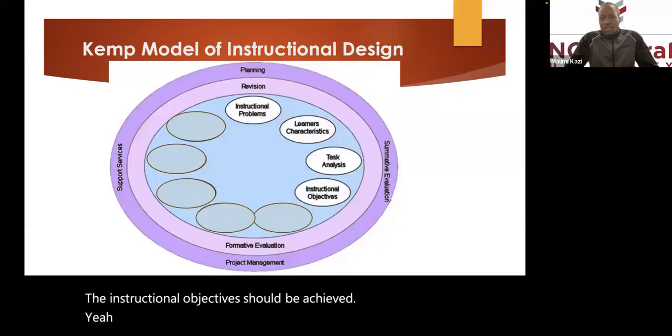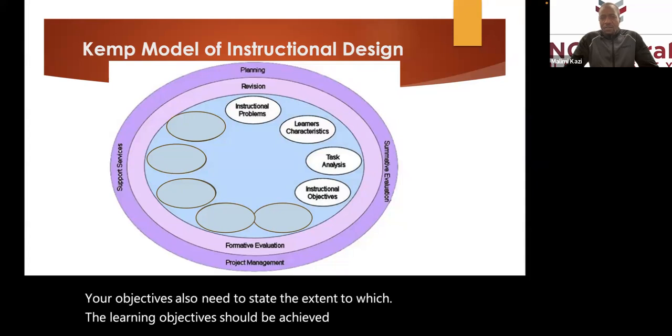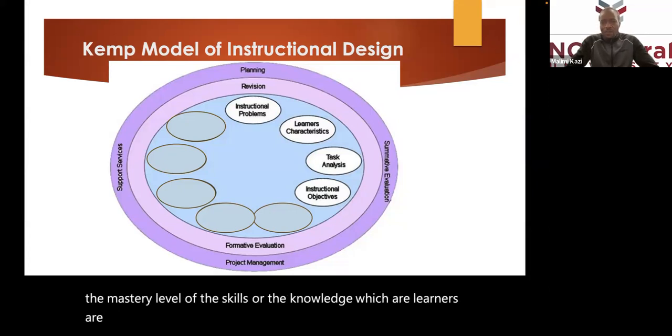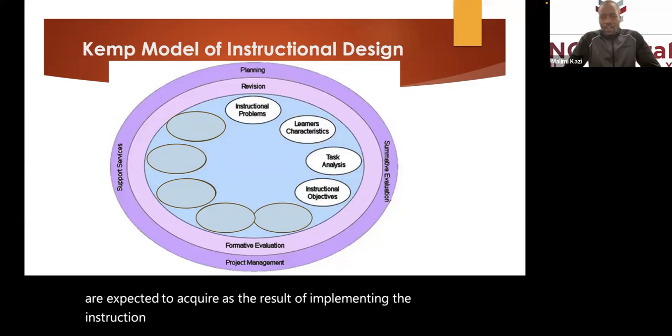Your objectives also need to state the extent to which the learning objectives should be achieved. Here, you're talking of the mastery level of the skills and knowledge which our learners are expected to acquire as the result of implementing the instruction you are designing.